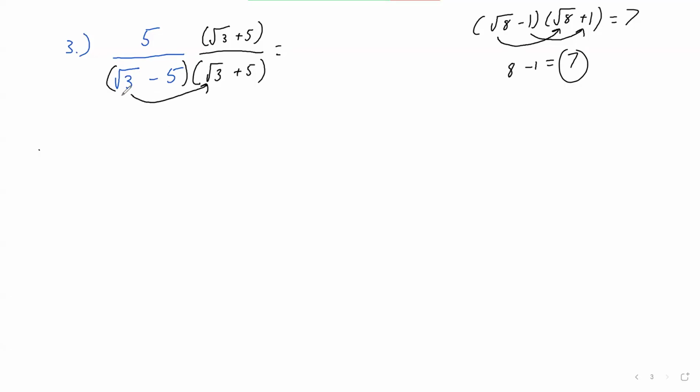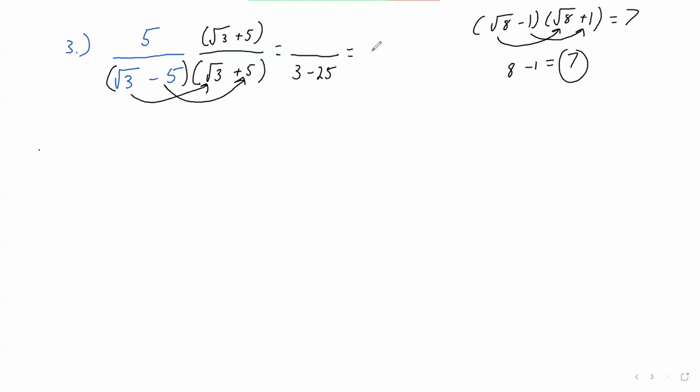So square root of 3 times square root of 3 is 3. -5 times +5, we're multiplying. What's 5 times 5? And then a negative and a positive would make a -25.